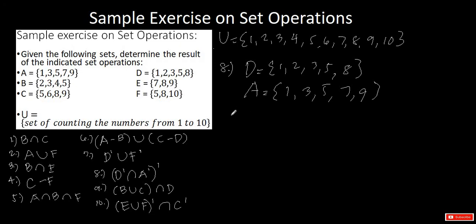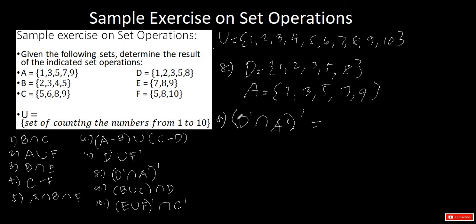The problem is, okay, we are going to determine the complement of the intersection of the complement of set D and set A. Again, the complement of the intersection of the complements of set D and set A. Okay, so let's determine now the order of operations.